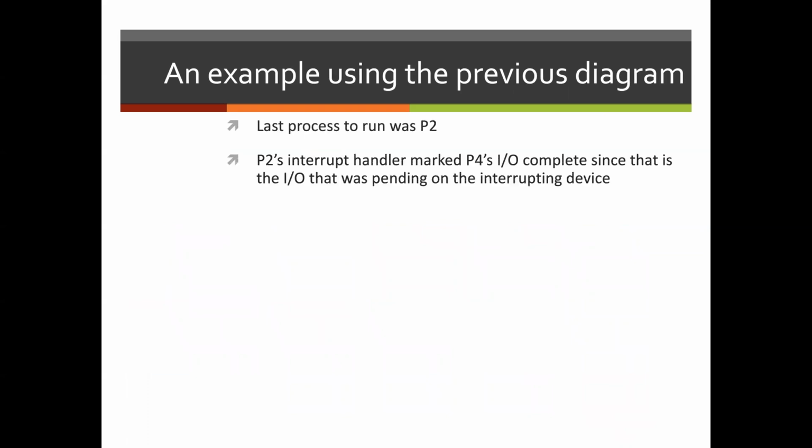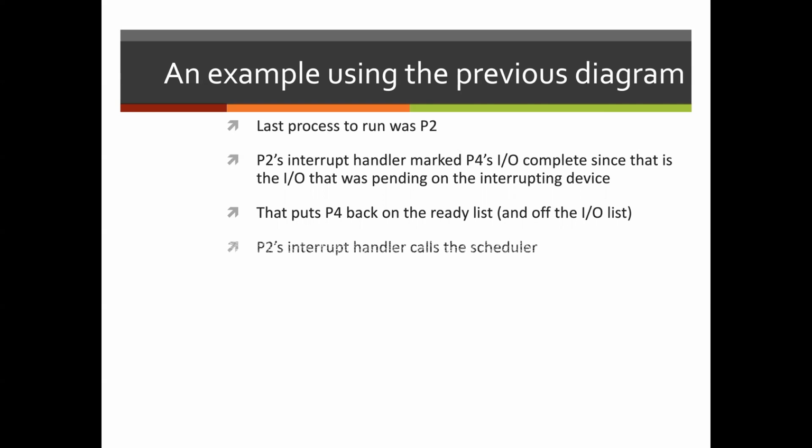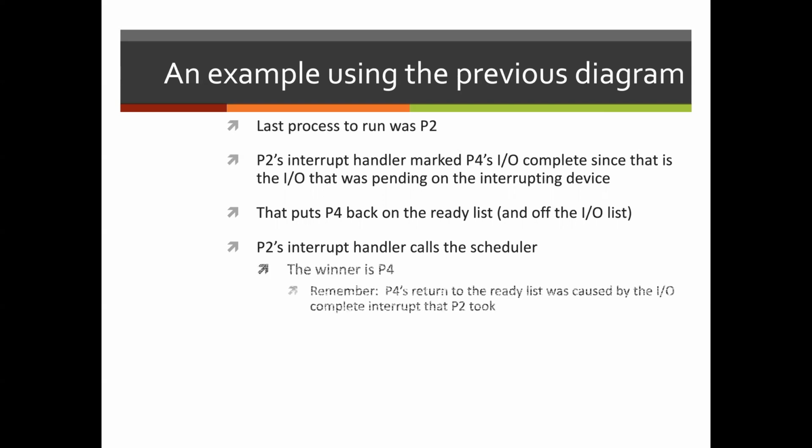So P2's interrupt handler marks P4's IO complete, since that's the IO that was pending on the interrupting device. That means that P4 is back on the ready list, and P2's interrupt handler calls the scheduler.